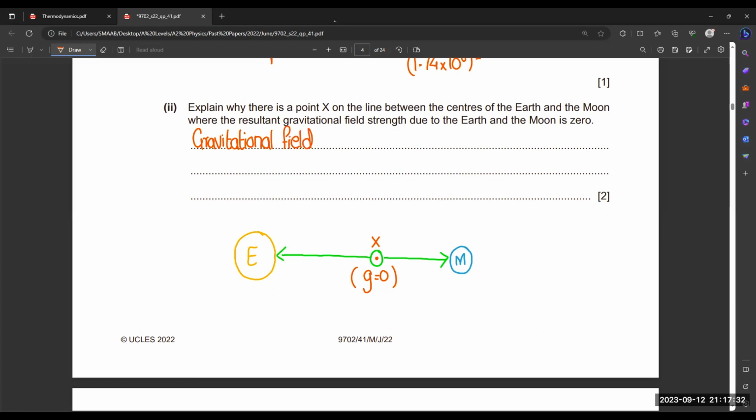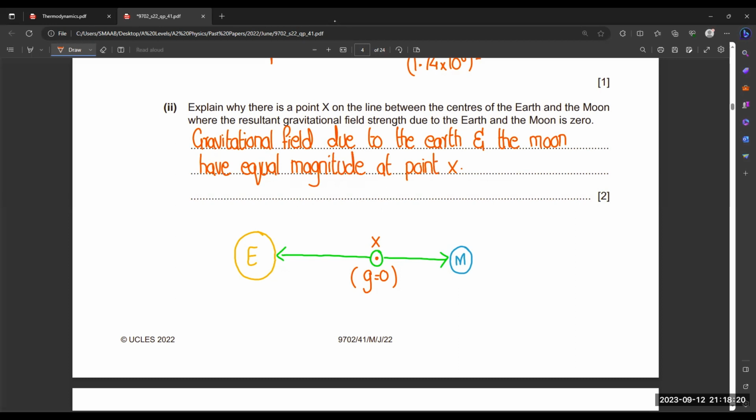So the gravitational field due to the earth and the moon have equal magnitude at point X. It means that when forces are equal and opposite, you can see both forces having their own different direction and both are equal in magnitude.